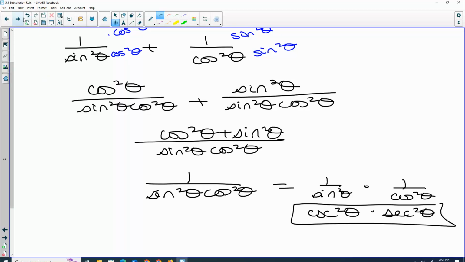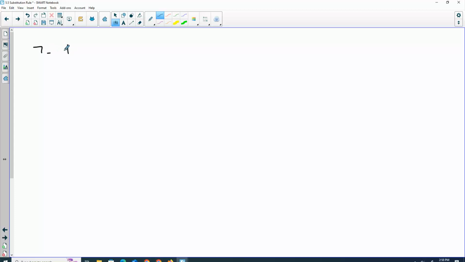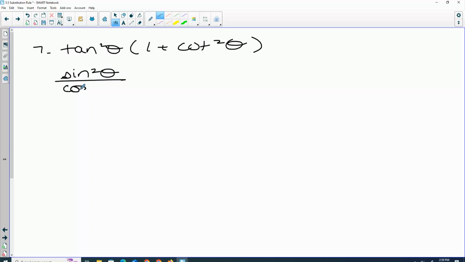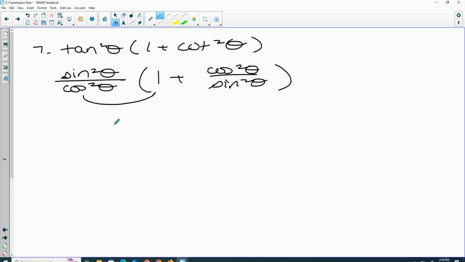Problem 7. And there's 3 different options. Sines and cosines is probably where you started because that's what I told you to. You might have started with the Pythagorean identity, that's also okay. So lots of different options. If you just did sines and cosines, when you multiply these you get sine squared theta over cosine squared theta.